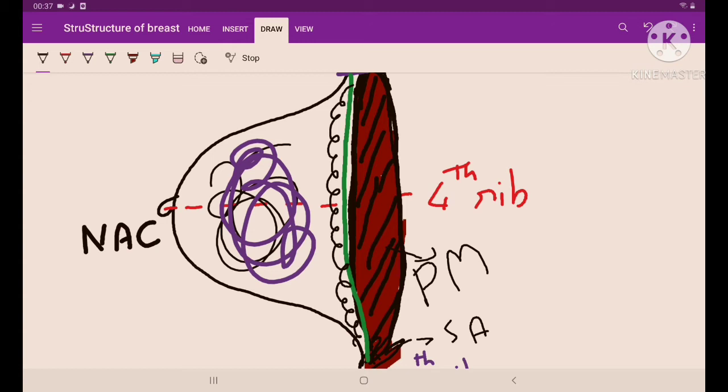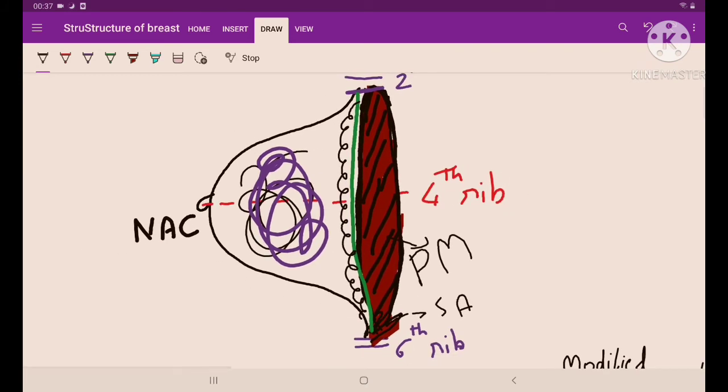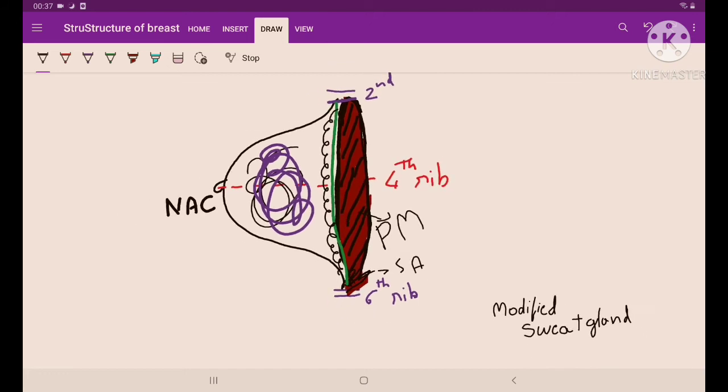The mitral region lies below the nipple areolar complex, and we take the nipple areolar complex as a landmark when we are listening for the heart sounds there. That's a very important thing, remember, guys. And even when we are checking for respiration, the expansion is taken at the level of the fourth rib, because that's where the maximum inspiration happens. That's a very important landmark, remember, guys.